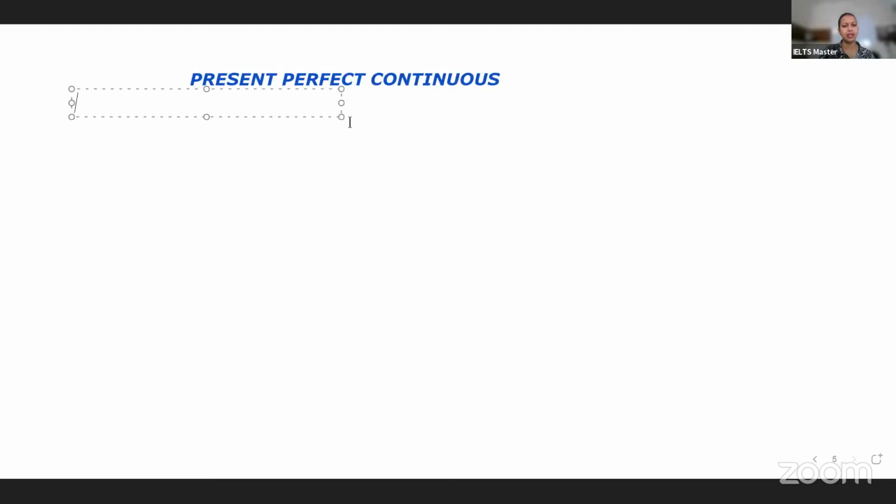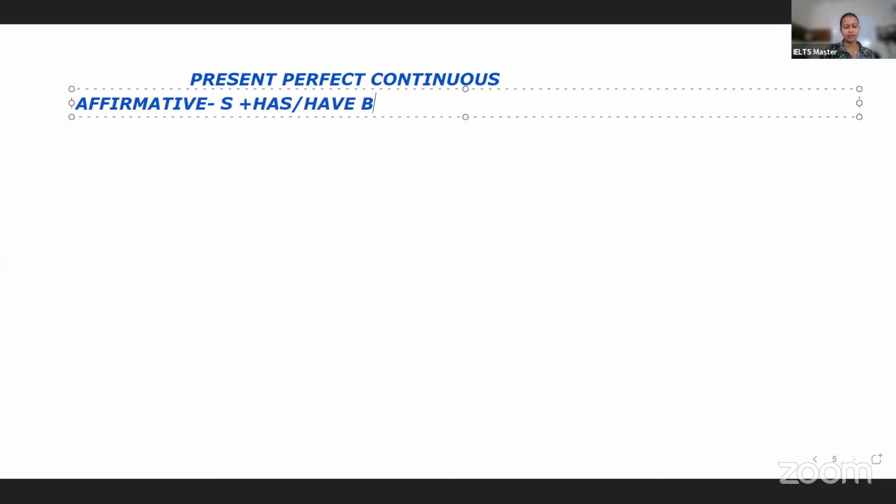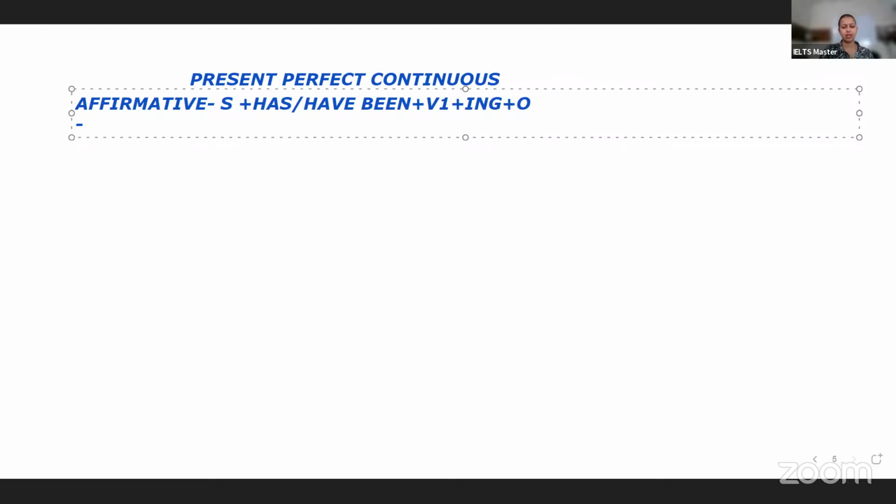In the case of affirmative, we have subject plus has, have, been, gerund, object. I have been planning this trip for 6 hours.